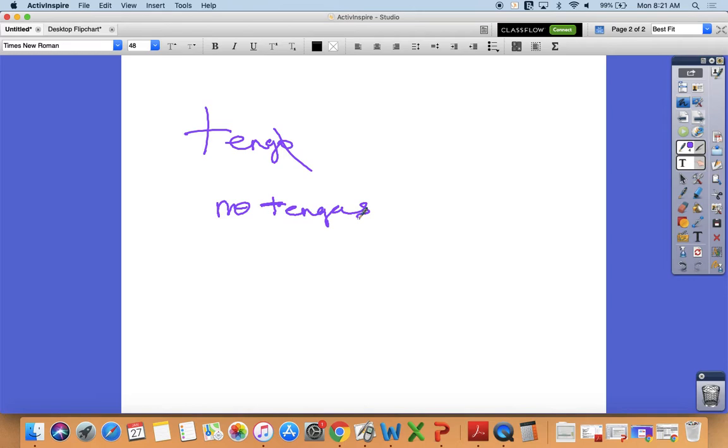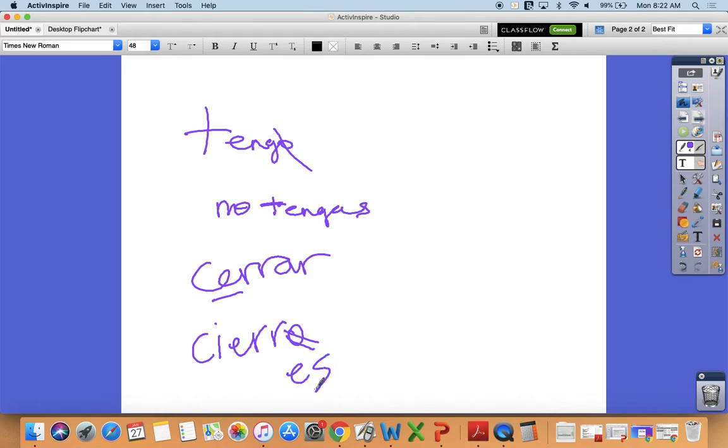If it is a stem changing verb, like closing the door, don't close the door, the verb is cerrar. The yo form of cerrar is a stem changer in the boot, right? Cierro. Drop the O. Opposite ending, ES. Cierres. No cierres la puerta. No cierres la puerta.